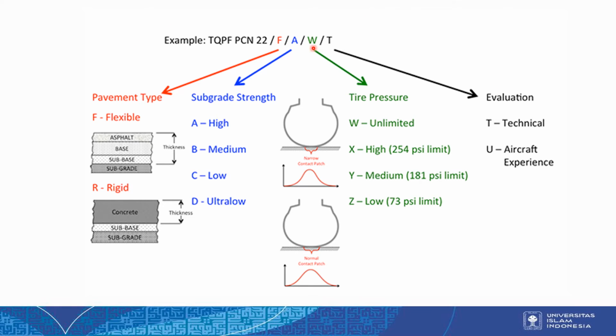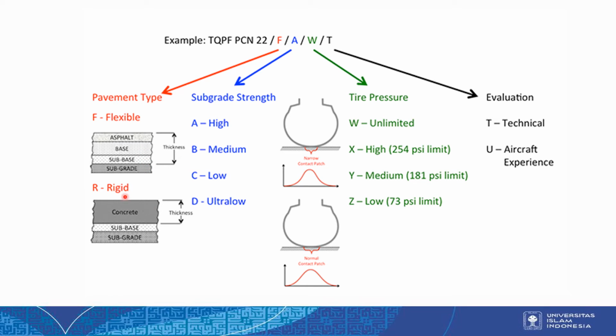So this is an example of the PCN code. For example, we have PCN 22/F/A/W/T. For the F, it could be F or R, but in this case the pavement type is flexible pavement. We can see here that the flexible pavement consists of asphalt or the surface course, base, subbase, and subgrade.